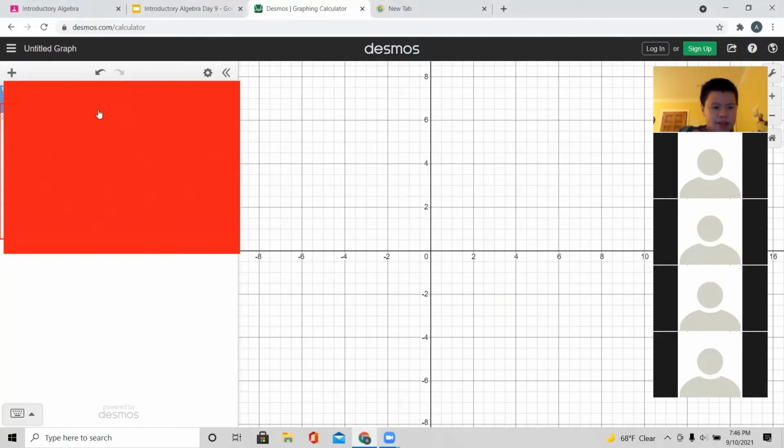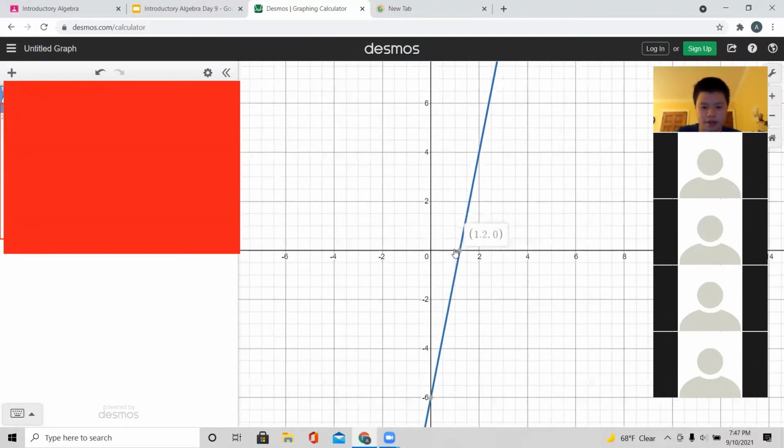I have this box to prevent you from seeing what it is. Okay, so we have this blue line, and the points actually show up here, which is nice.